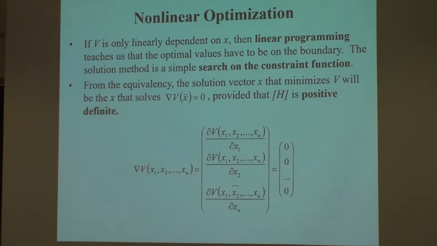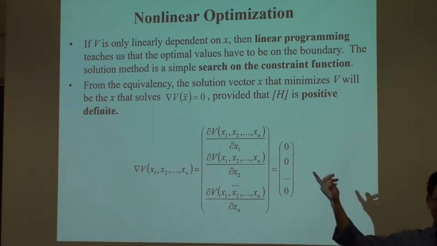In linear programming, if everything is linear, then the optimal point has to be at the boundary. I'm done. You search the constraint on the boundary, you find the optimal. If you imagine a straight line, where is the minimum and maximum? That's a silly question, because it must be the two ends.